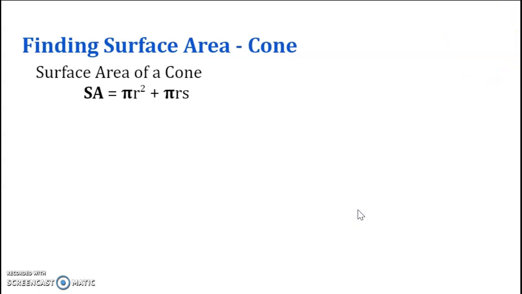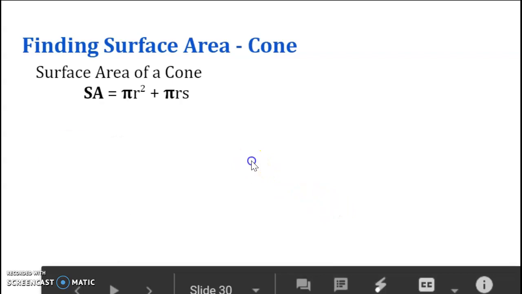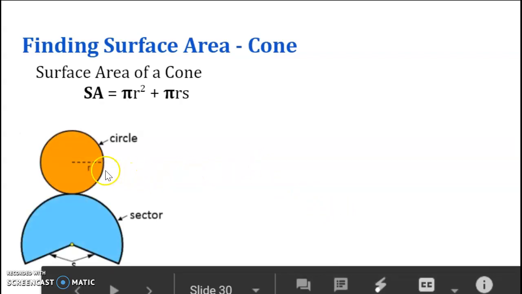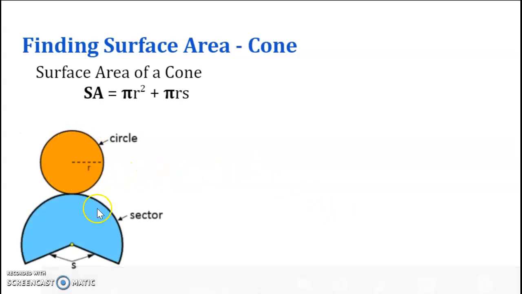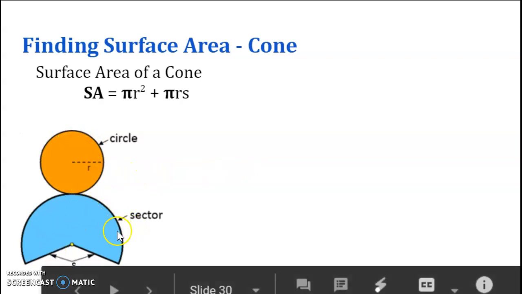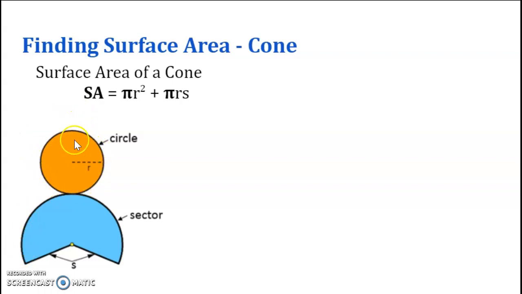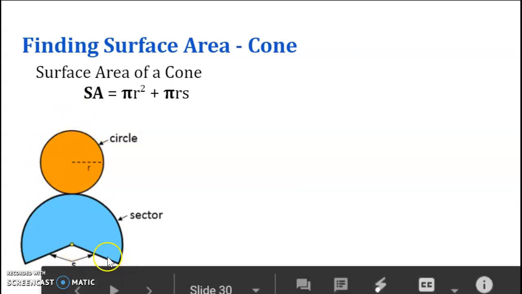So the surface area of a cone is this equation. How do we get that? You have a circle, and it's really the surface area. The top part is really a sector of the larger circle, and this part corresponds to the circumference of the smaller base, and this is the slant height.